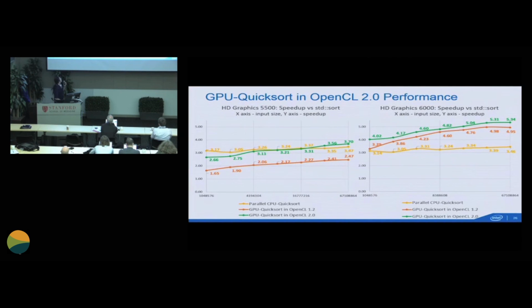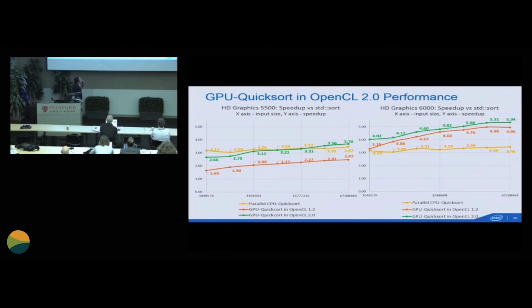This graph summarizes the performance improvements. In yellow we have a parallel CPU quicksort running on 4 threads of our Broadwell systems. On the left-hand side is the GT2 system with 24 EUs.